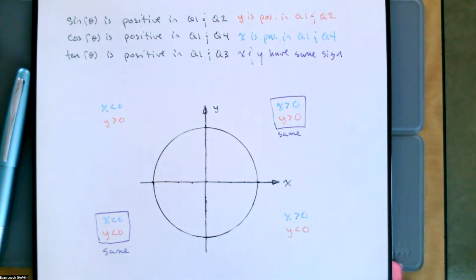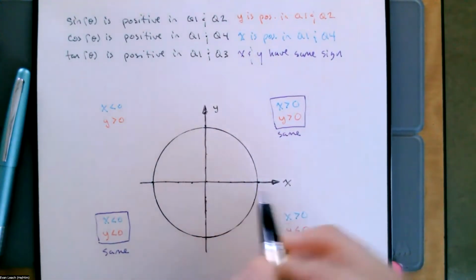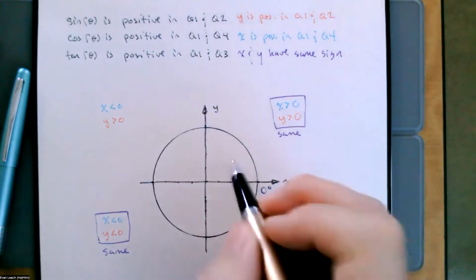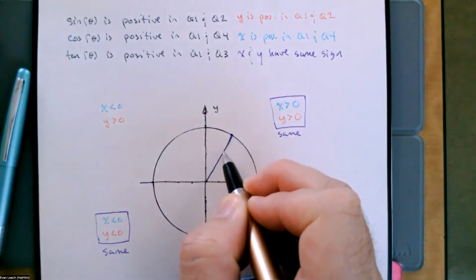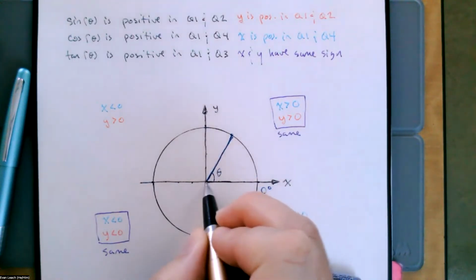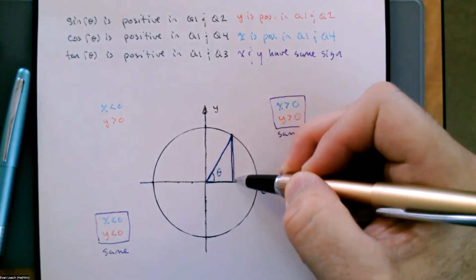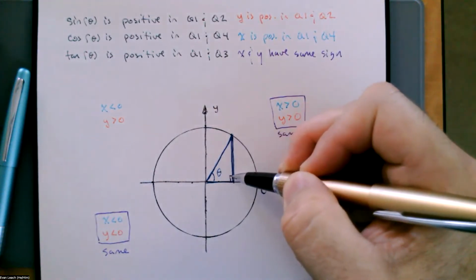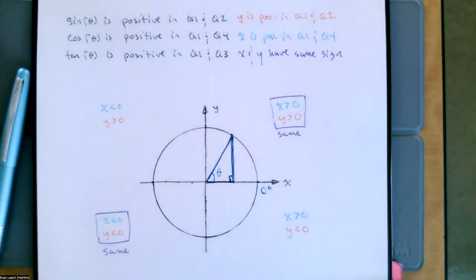So let's draw a right triangle with theta in standard position, where 0 degrees is the positive x-axis.